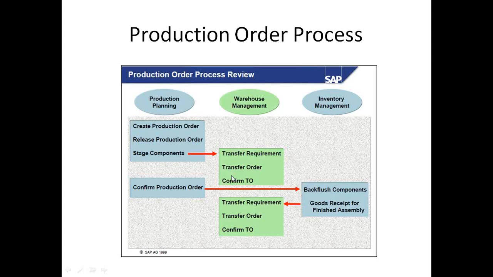As soon as we confirm it, the system will pick up the warehouse stock and keep that in a staging area. In standard, we have 100 as a staging area. Okay, it will keep that in the 100 storage type. Then after the production process is done, they do the confirmation of production.